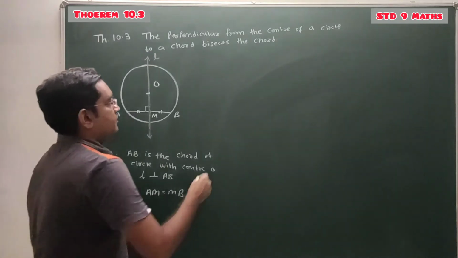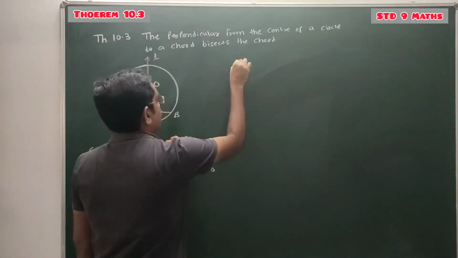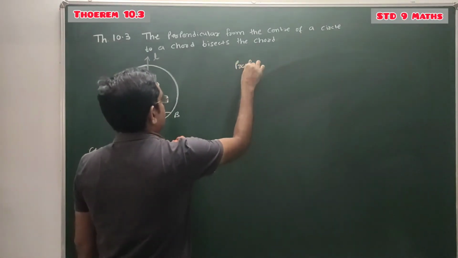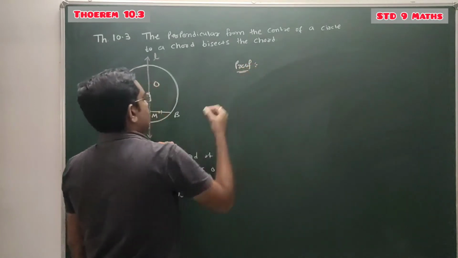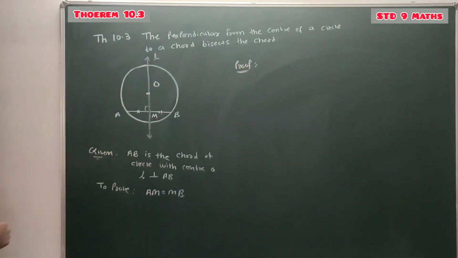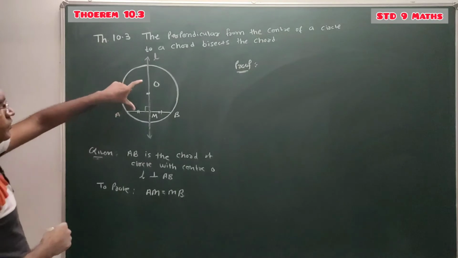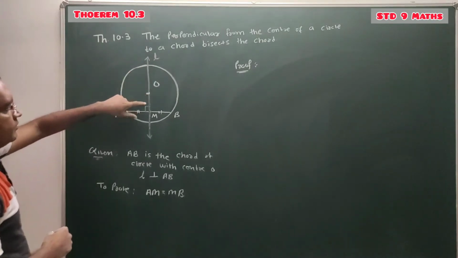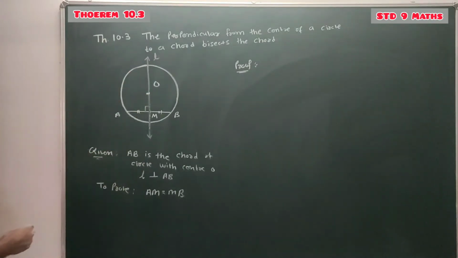Done? So let's start with our proof. We have to prove that a perpendicular passing through the center of the circle bisects the chord.